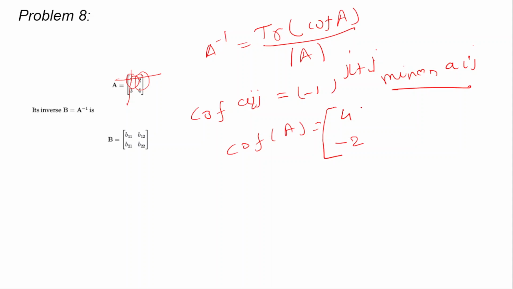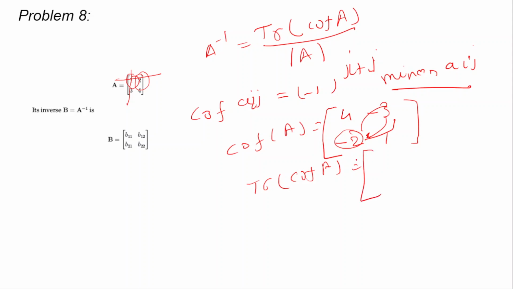Similarly this will be -3 and this will be 1, and we need to take the transpose of the cofactor matrix of A. If we change the row to column, this element moves here and this element moves here, so the diagonal elements will remain at their location.